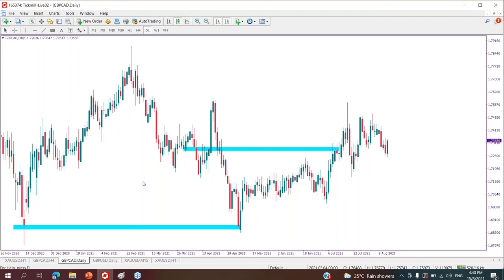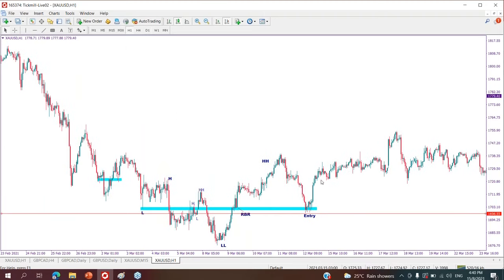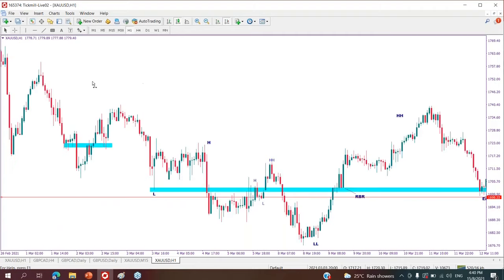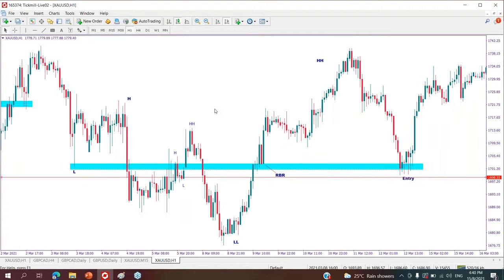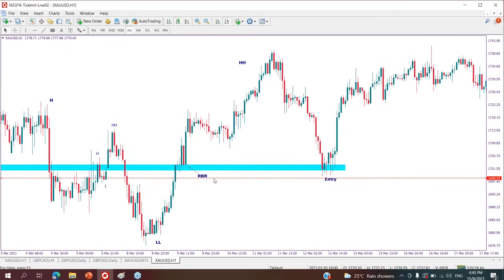Teacher, since you mentioned when the candle closes above our entry we can cut loss, which time frame candle do you prefer? Okay. For me, you can see here the price has closed outside the entry point, right?